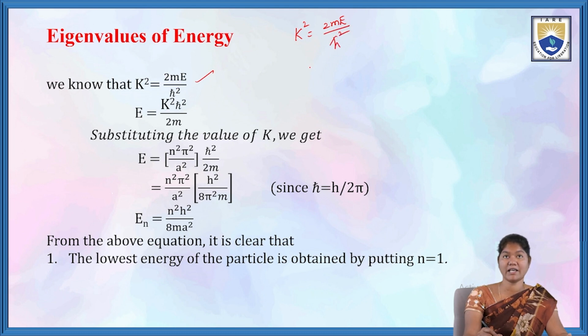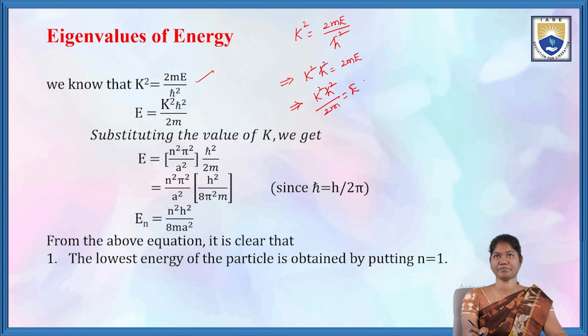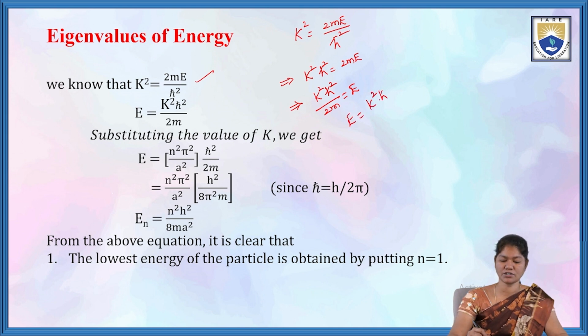As we want the energy value E, k²ħ² = 2mE. That implies k²ħ²/2m = E. Taking 2m to the other side, we got E = k²ħ²/2m.